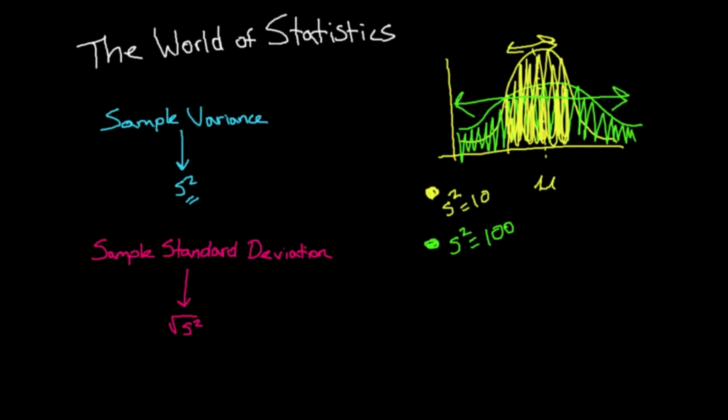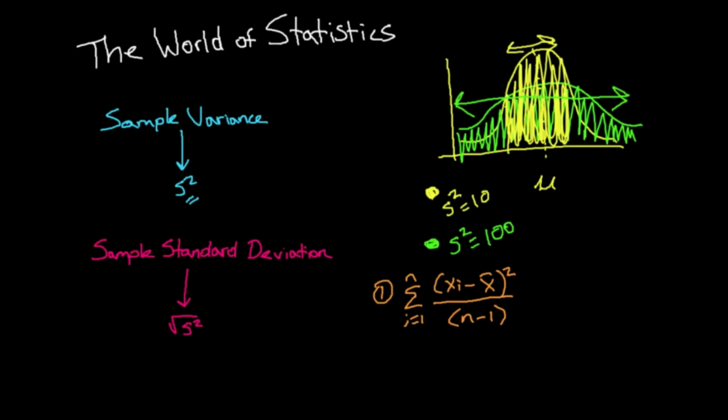If we're going to think about sample variance, there are two formulas to be familiar with. The first formula is the sum, as i goes from 1 to n, of xi minus x bar squared, and we divide by n minus 1.